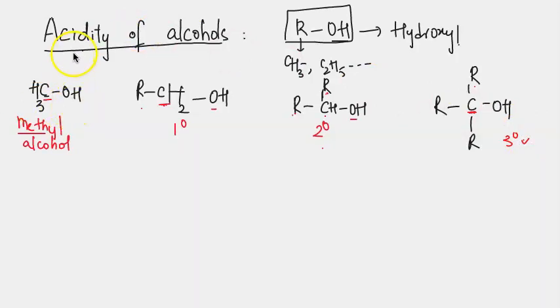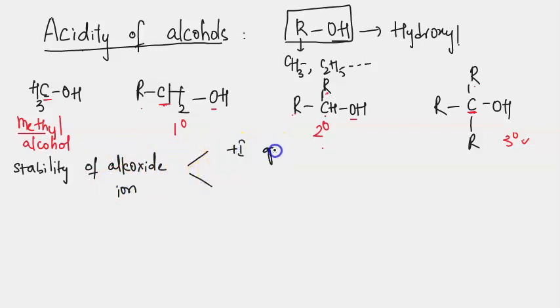So the main concept of this video is the acidity of alcohols. The acidity of alcohols depends on the stability of the alkoxide ion. For the stability of this alkoxide ion, two important factors contribute: plus I groups and minus I groups.